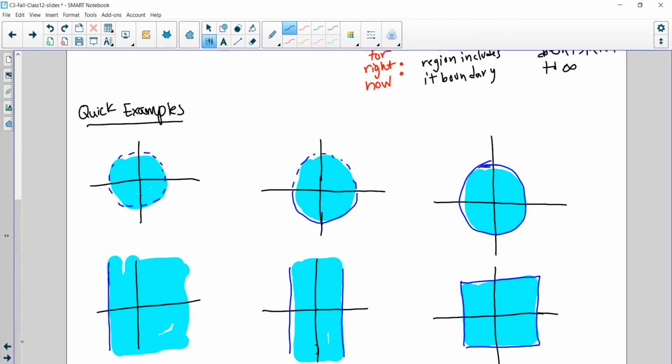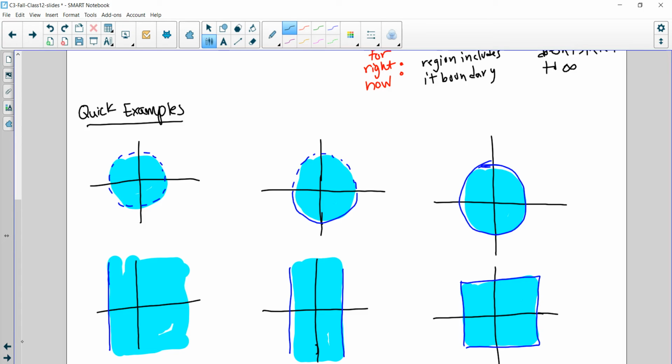And then just to provide some quick examples, I have a few different figures. I want you to pause the video and see if you can identify which of these are closed, bounded, not closed, not bounded. The first one is meant to be the unit circle where you do not include the boundary.